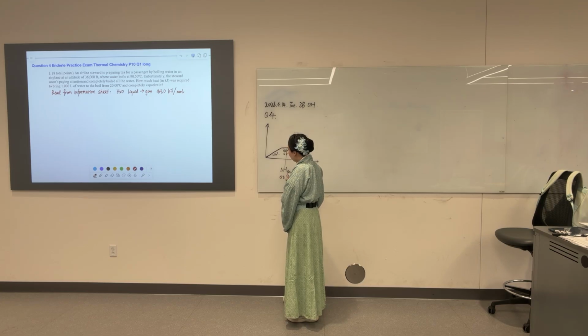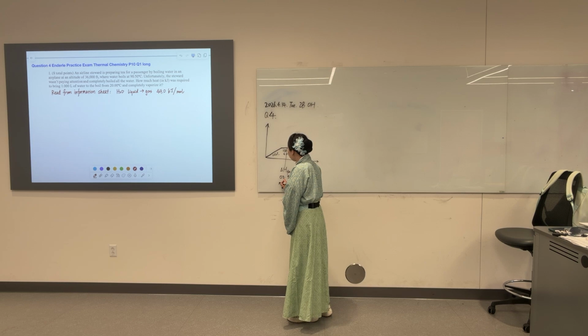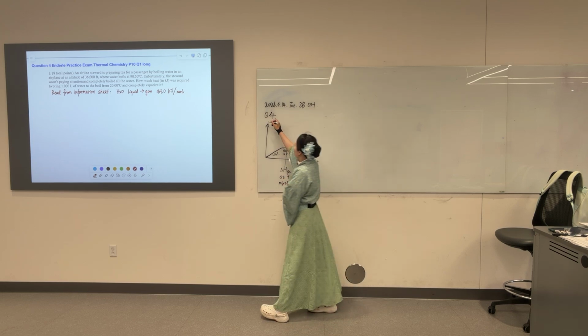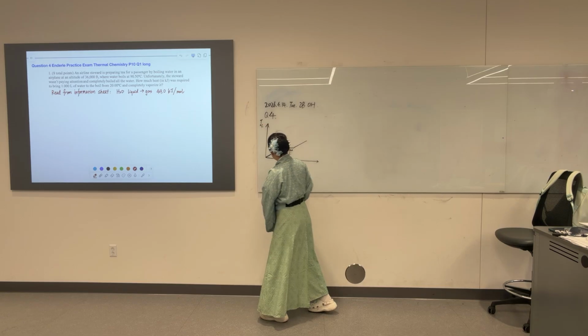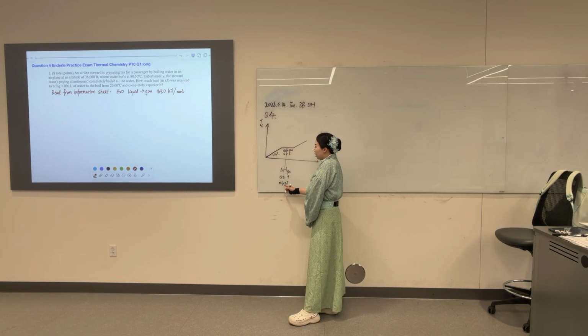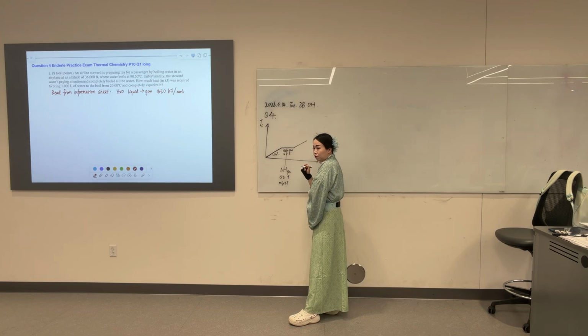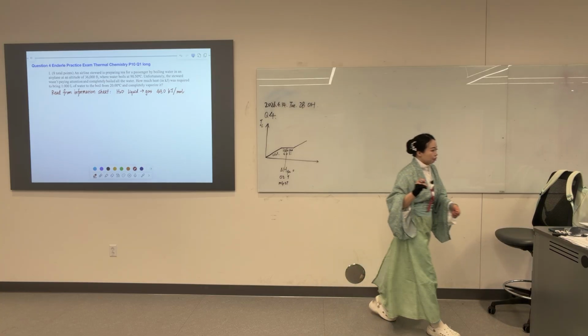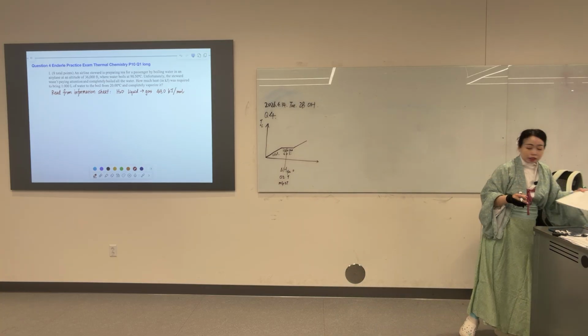So, previously we had mCp delta T. Since the temperature stays the same, I will not be able to plot this for Q. Then the only possible way is from delta H of fusion. You read this number from the back of your reader, I think I just showed you guys.